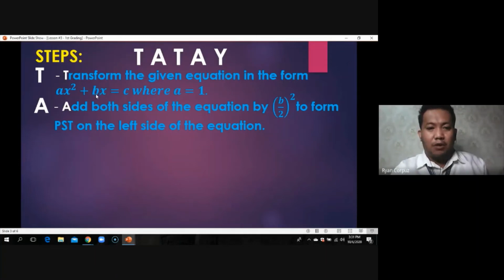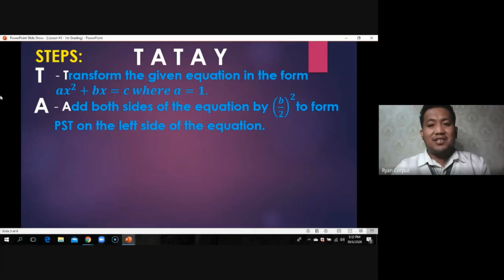So itong b na to, whatever number is the value of that, just divide it by 2, then square that number. That would be the number to be added on both sides of the equation. On both sides pa rin tayo, it's because since we are still dealing with an equation, whatever you do on one side, you will also do on the other side.